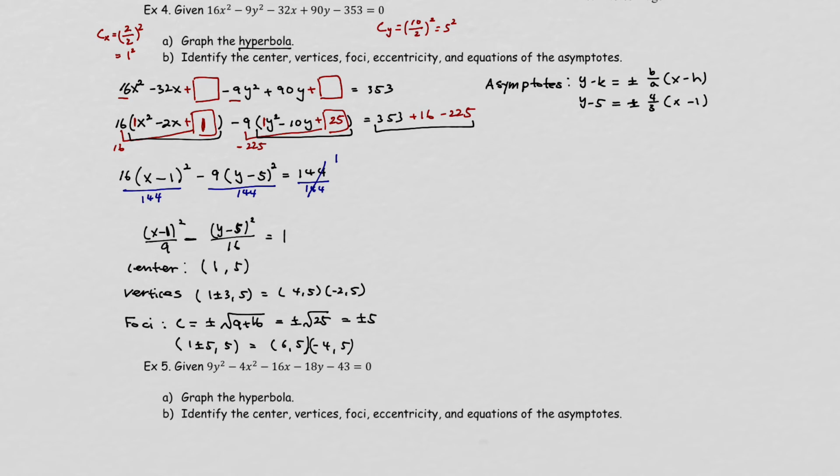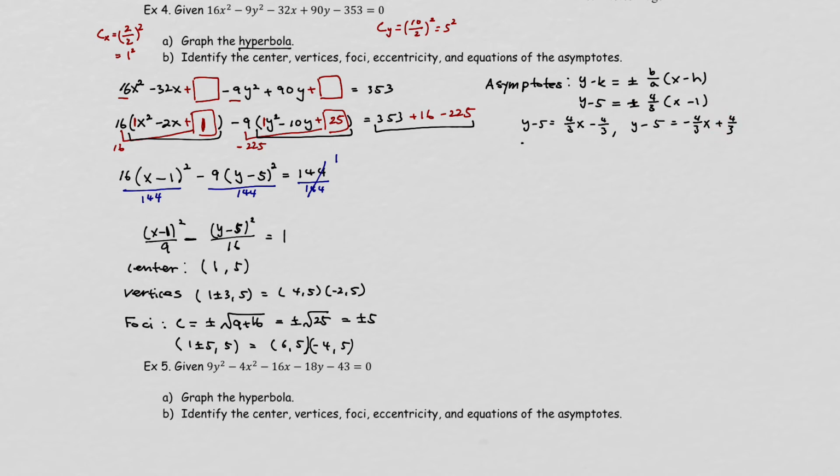When the right side is positive, you get y minus 5 equals 4 over 3x minus 4 over 3. When 4 over 3 is negative, you get y minus 5 equals negative 4 over 3x plus 4 over 3. Don't forget you're distributing, right? That's why negative, negative makes it positive right there.